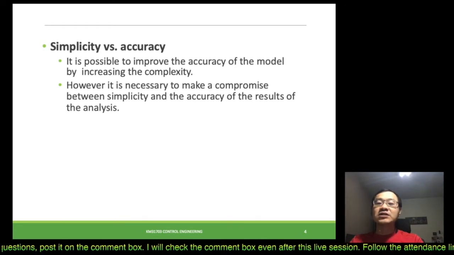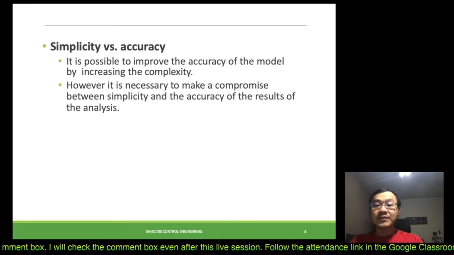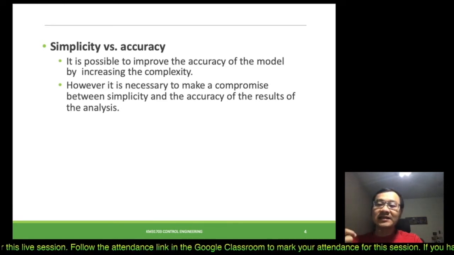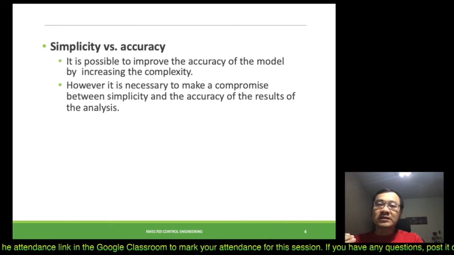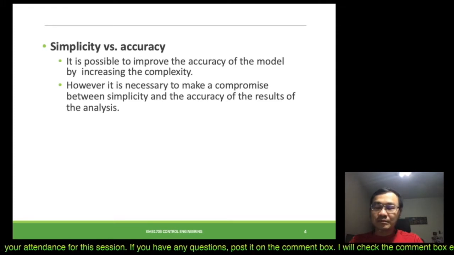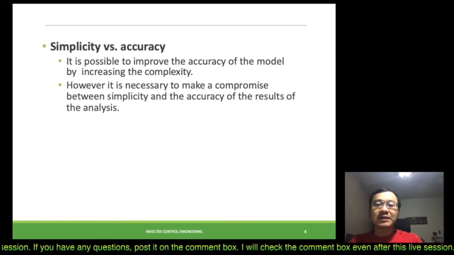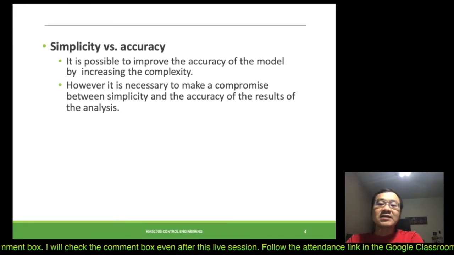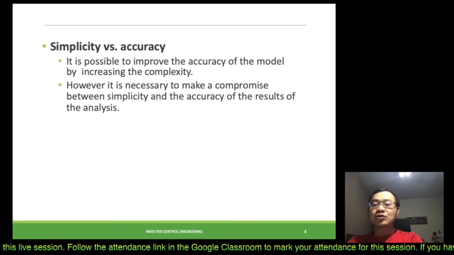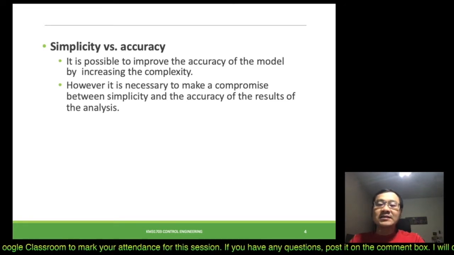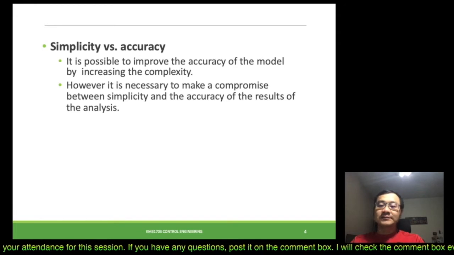It is possible to improve the accuracy of a model by increasing its complexity, by increasing the non-linearity, going up to maybe a power of 3 or higher, but that may not be necessary. Therefore, it is a compromise that you, as an engineer, should determine and analyze accordingly.